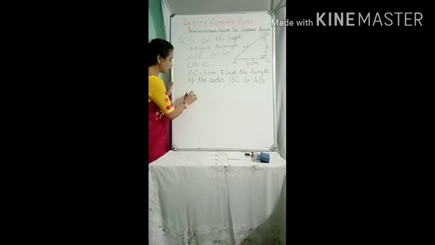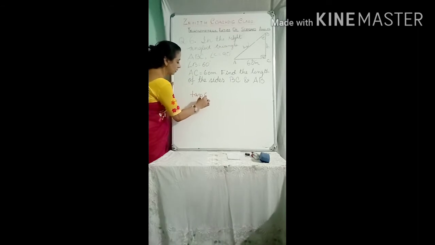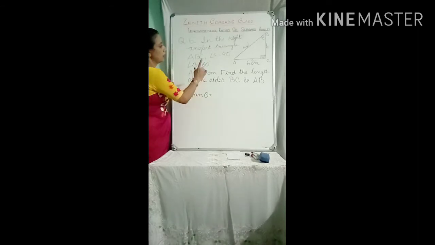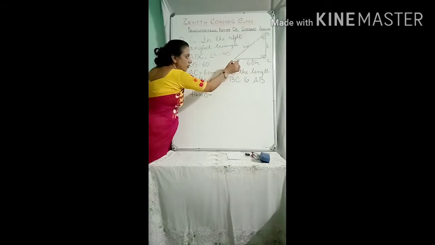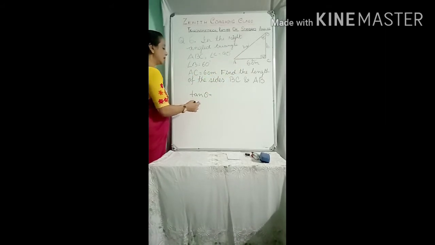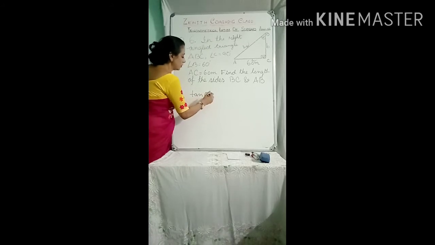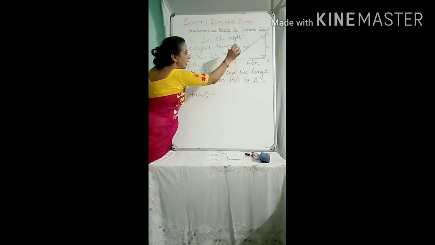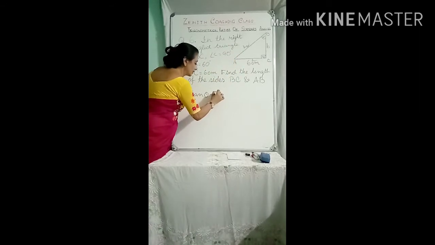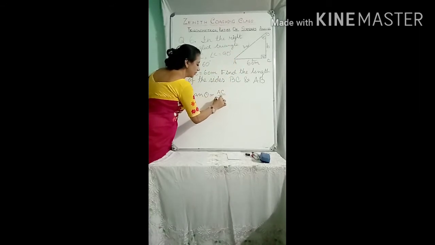Tan theta equals AC by BC, because you have to find AC and BC. Tan theta equals height by base, so AC by BC.